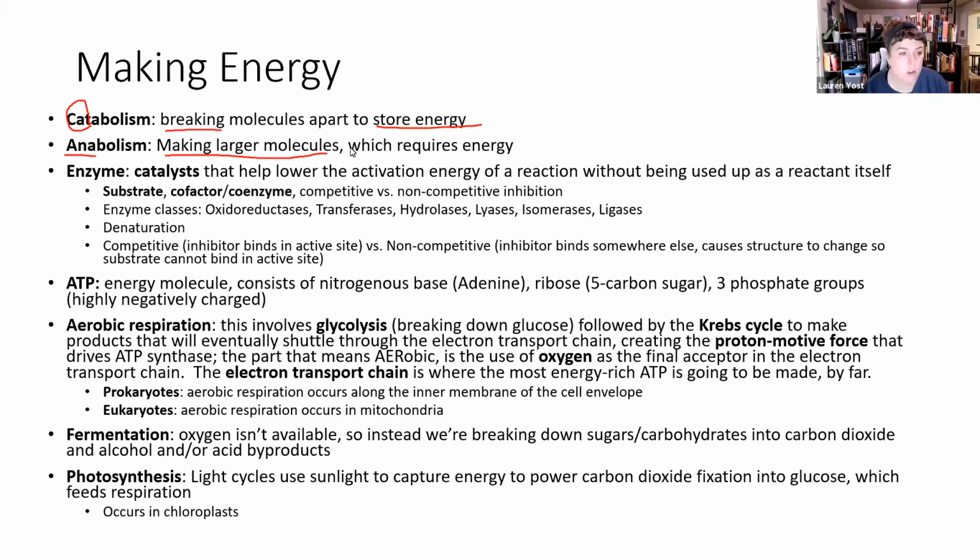Okay. So that's metabolism. Metabolism is basically all of the chemical reactions going on in your body, often pairing catabolism with anabolism to power one another. So enzymes, these are catalysts, essentially. A catalyst is anything that helps lower the activation energy of a reaction without being used up as a reactant itself.